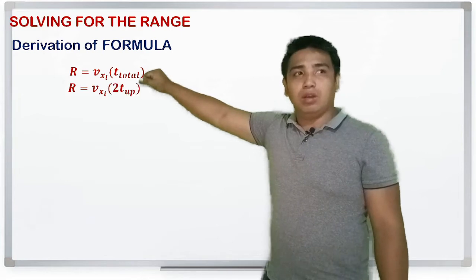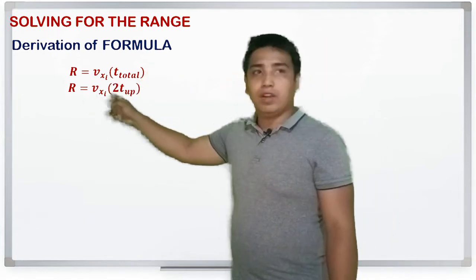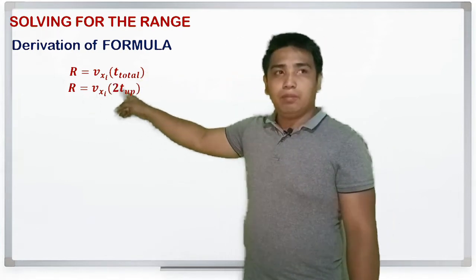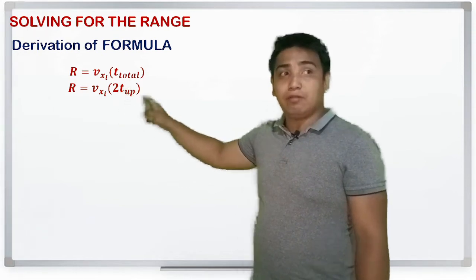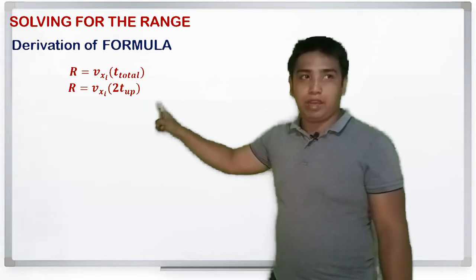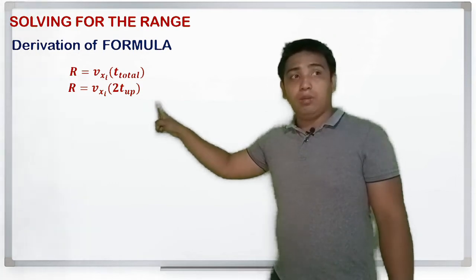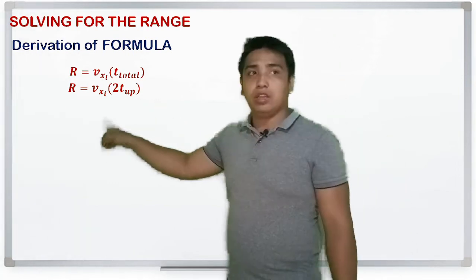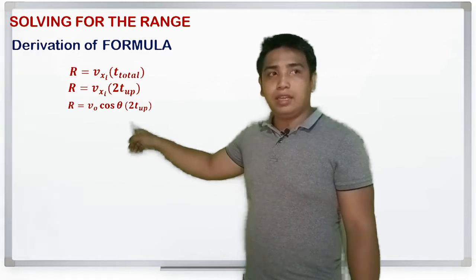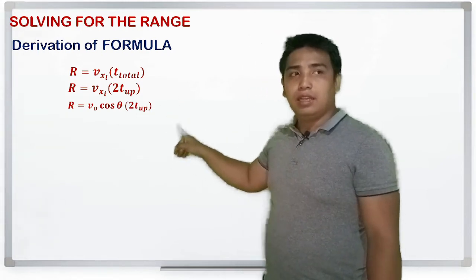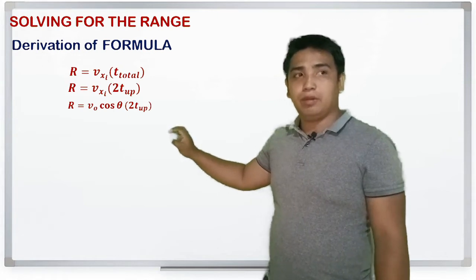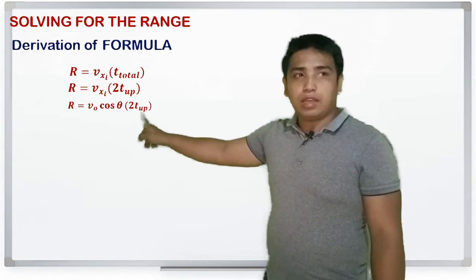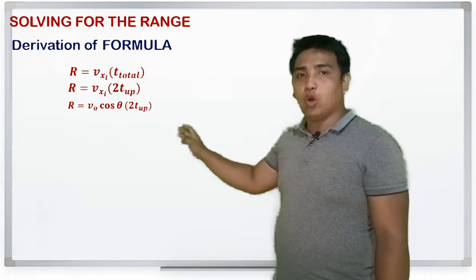So r is equivalent to vx, because the total time is twice the t up, so I'm gonna write 2 t up there. So we have r is equivalent to v0 cos theta, so that's for vx, times the value of 2 t up, which is 2 times v0 sine theta all over g.